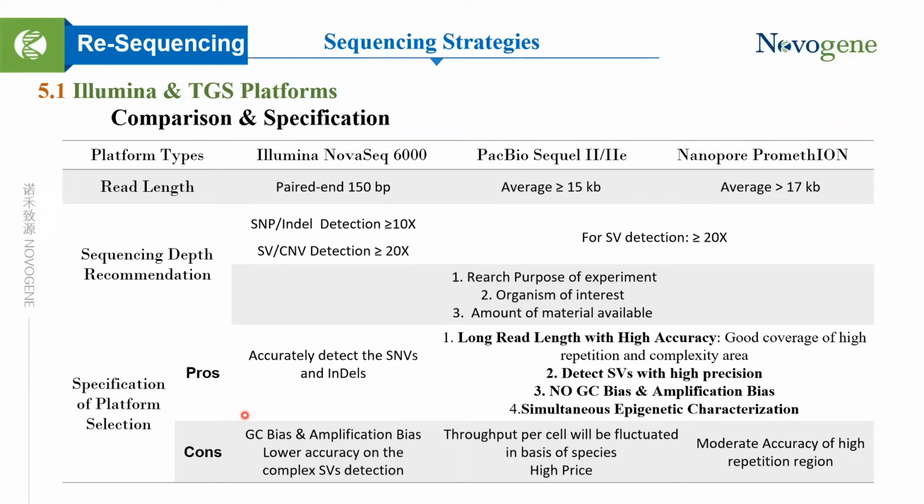On the other hand, the third generation sequencing platform with long read length can span the high repetition and complexity areas, providing good coverage, as well as detect SVs with high precision without GC or amplification bias.